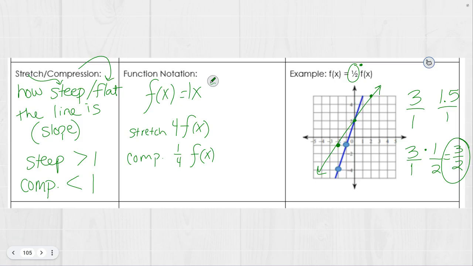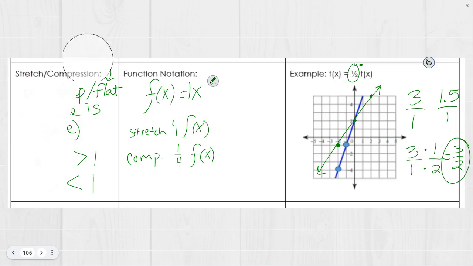Stretching compression is usually the harder ones. If you just multiply the whole number of your current slope times whatever your new slope is, just multiply it as fractions, that'll give you your new points. So it can make it steep, or it could make it compressed.